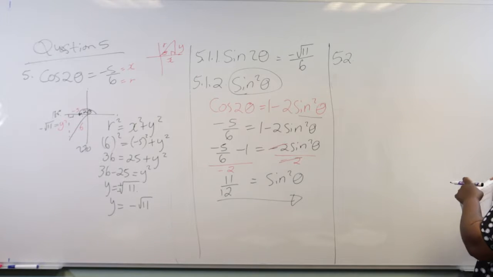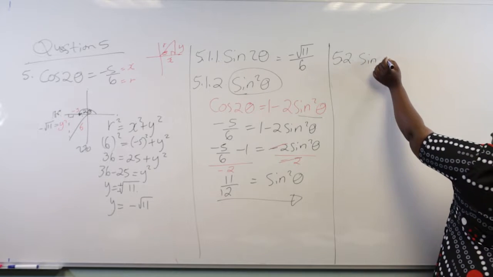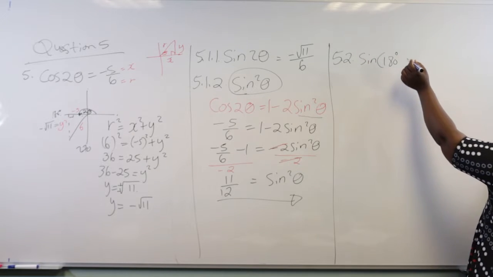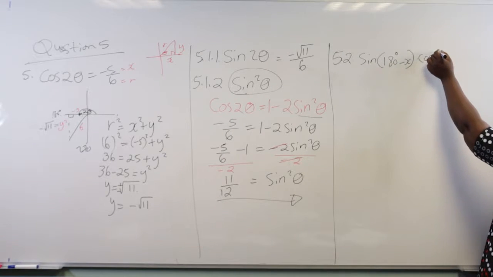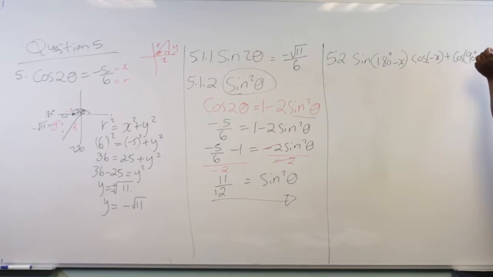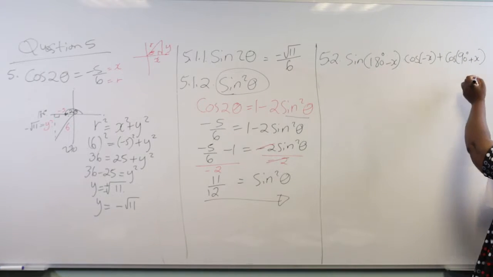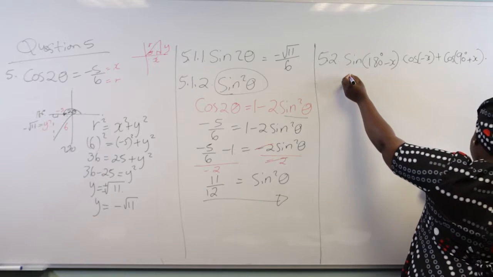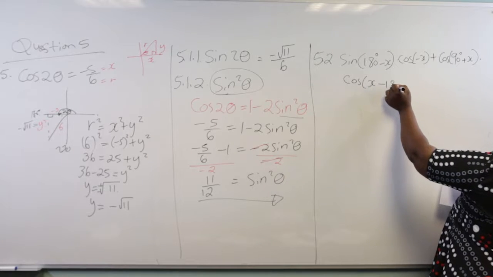Okay, let's write the question down. It is sine of 180 minus x, multiplied by cos of negative x, added to cos of 90 plus x, multiplied by cos of x minus 180.